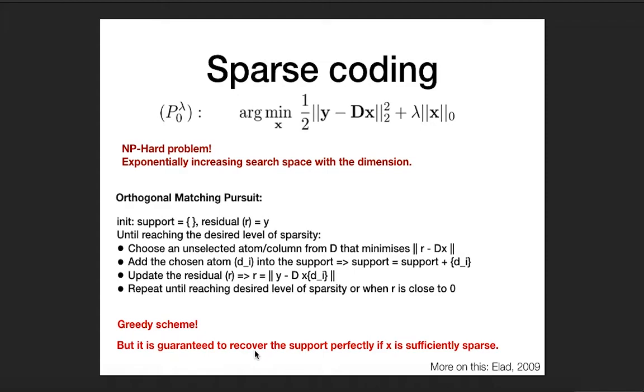There are some bounds you can read about in Michael Elad's book, defined using mutual coherence criteria and similar, on how sparse the signal should be to recover it faithfully.